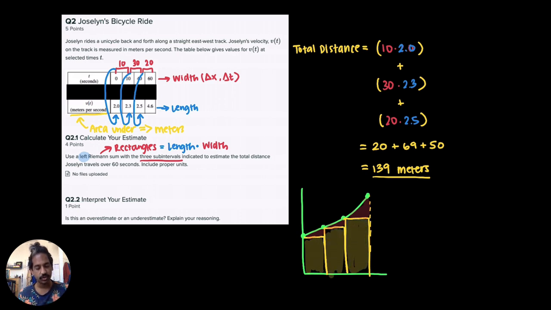Since we have an increasing function, with the left Riemann sum, there is going to be an underestimate, and that's what we would write.